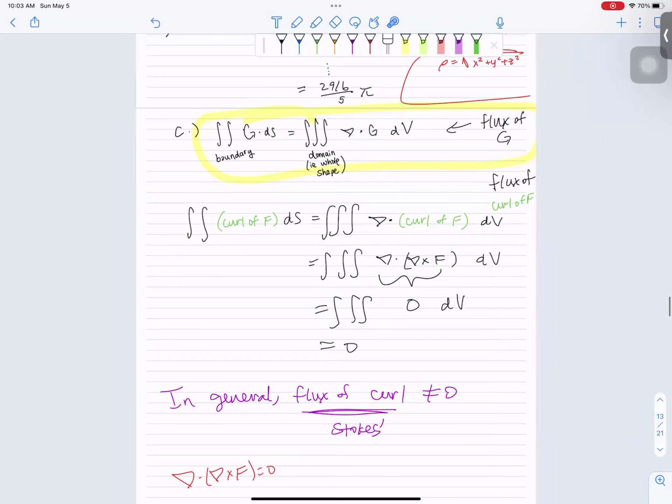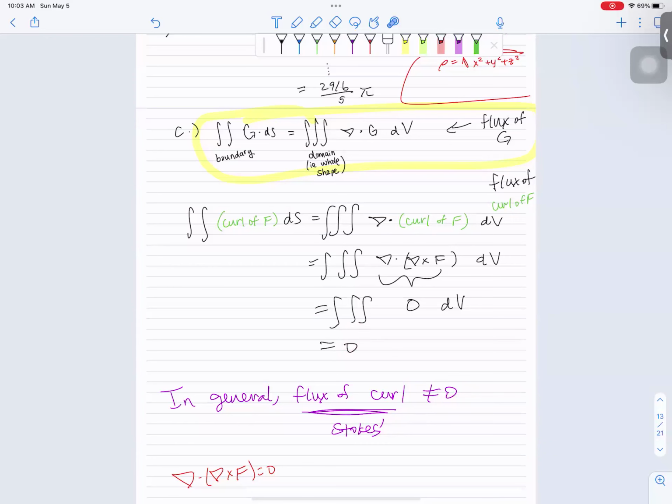In general, flux of curl of F is not always 0, because for flux of curl of F, you usually use Stokes' theorem. And in Stokes' theorem, you don't always have a closed 3D thing. You could have a regular 3D object, like maybe a cap or a non-filled-in cone, and you would use Stokes' theorem, so you don't get 0.